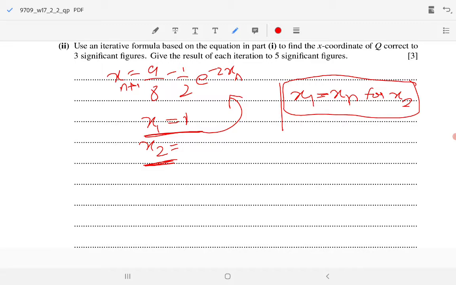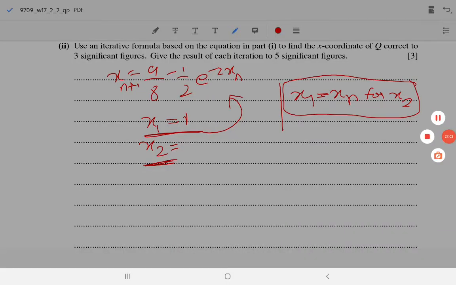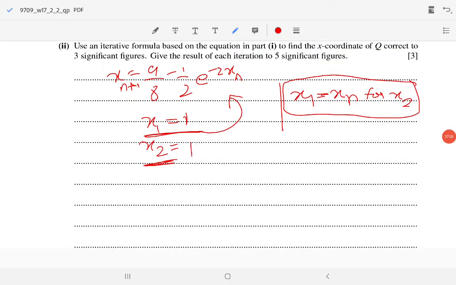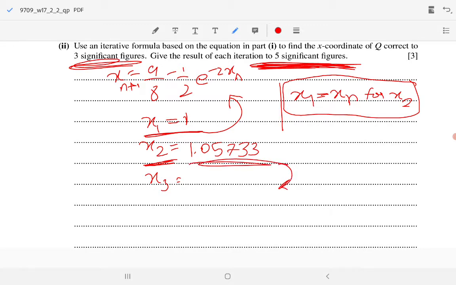So well, we get 1.05733. Remember guys, give each iteration to 5 significant figures, but the final answer should be 3 significant figures. Alright, so x3 now is going to be, now we'll use this value for x3.